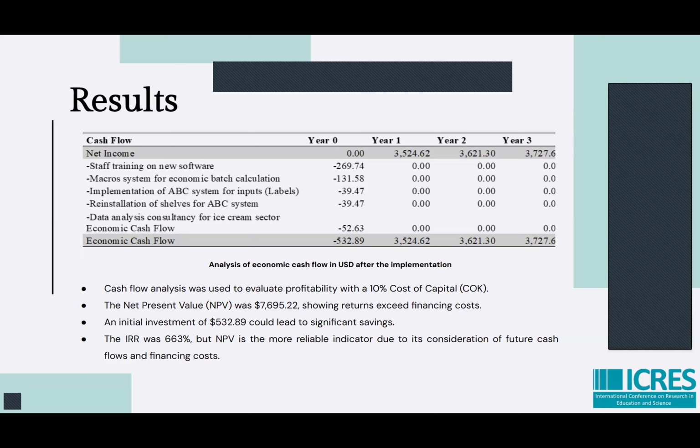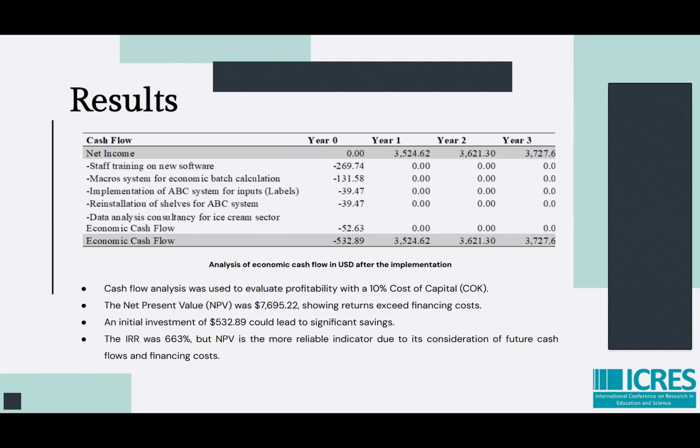And using a 10% cost of capital, we made a forecast for the next 3 years after the simulation, and we got the following insights in the model. The first one was the NPV was of 7,695, indicating that returns significantly exceed financing cost.